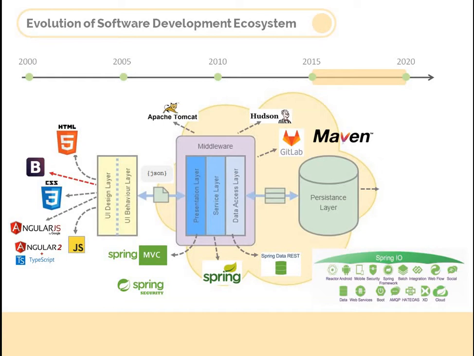So technologies like MongoDB, Cassandra, Amazon Dynamo, Redis, and another graphical database like Neo4j started to gain momentum.